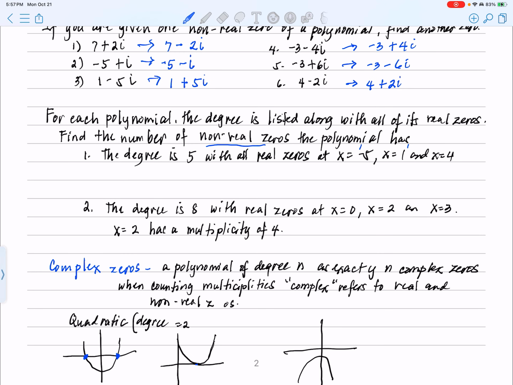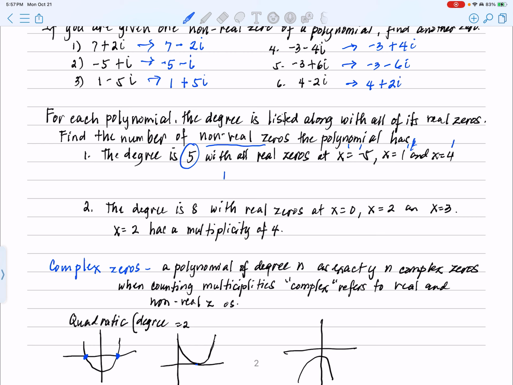In this case our degree is 5, with zeros at x equals negative 5, x equals 1, and x equals 4. That means we have real zeros with multiplicities 1, 2, 1, 1, and 1.